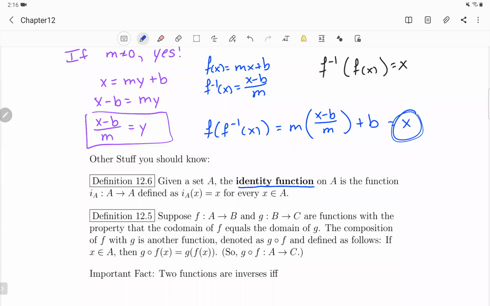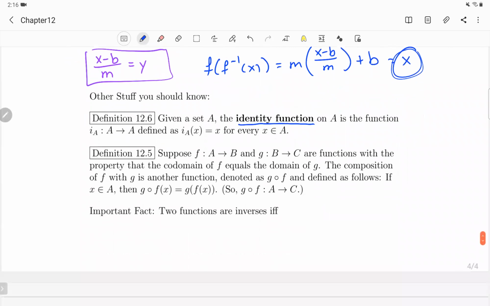Okay, so what we just said then, well, there's the definition of composition. We'll do that in a second, but two functions are inverses if and only if f composed with f inverse of x equals, and now we'll say the identity function, okay? And then we'll do the other direction.